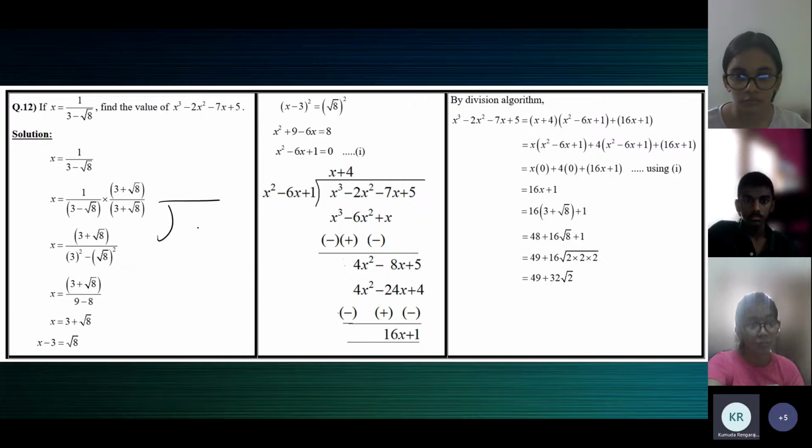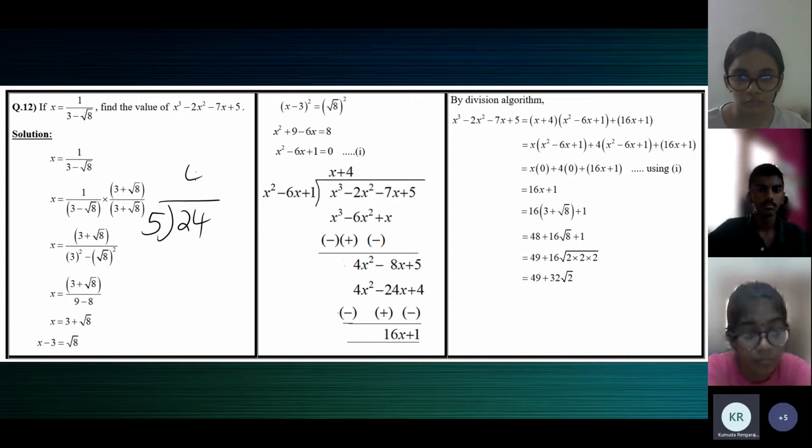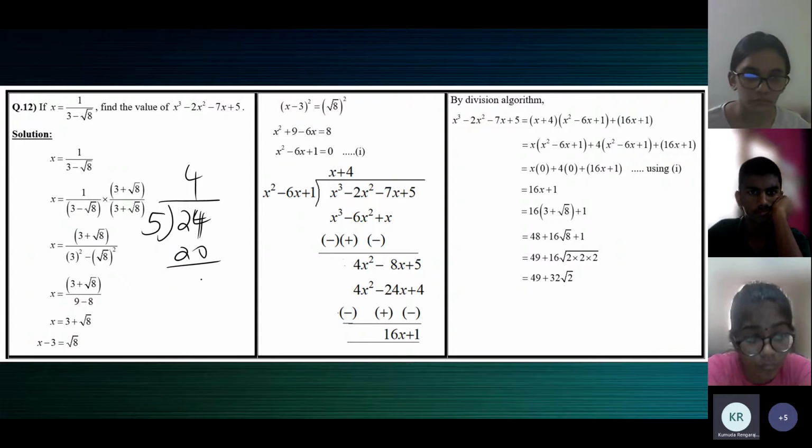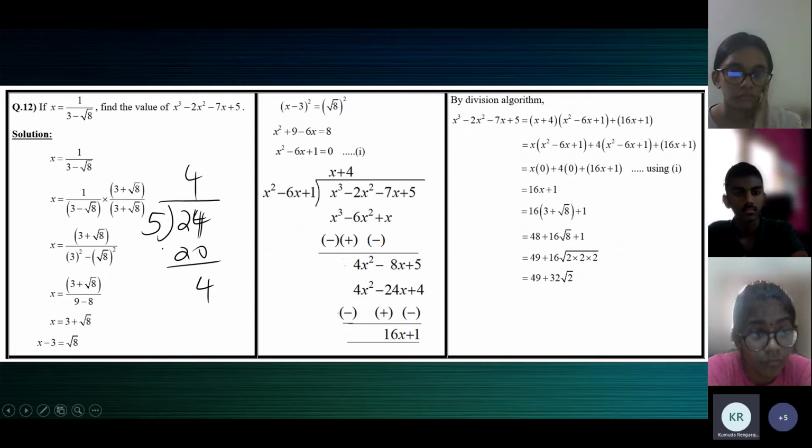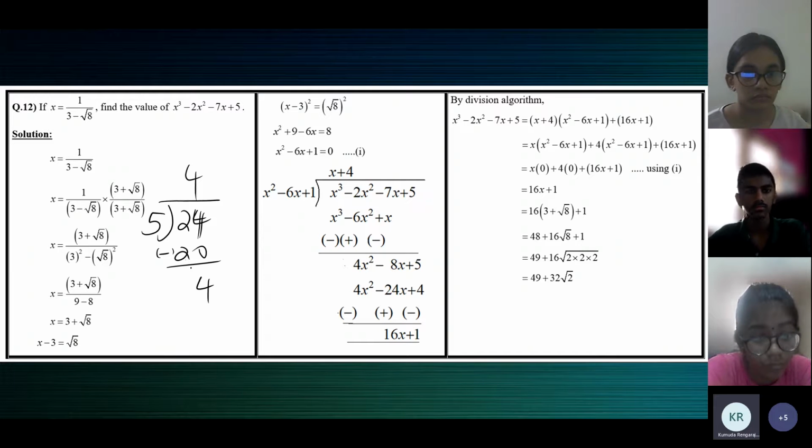We are always changing the sign, just that we don't show it when it is with numbers. 5 4s are 20. It's a plus 24. It's a plus 20. But how do we write 4? Because we have changed the sign. In our mind, we change the signs without even knowing that we have changed it. 5 4s are 20, a plus 20.